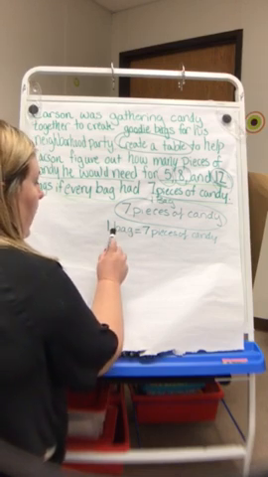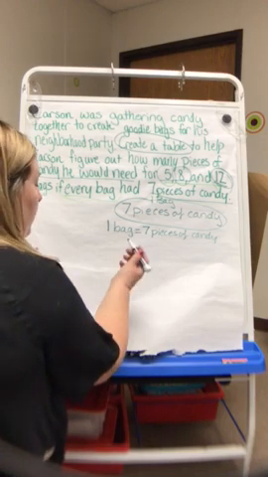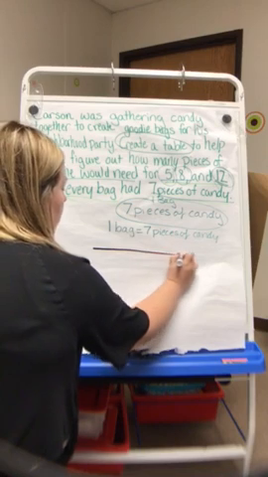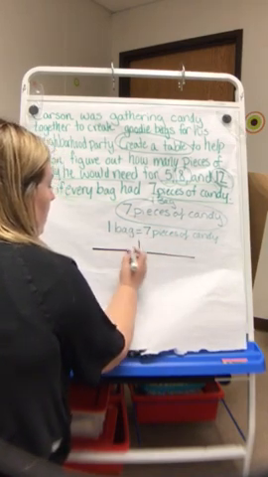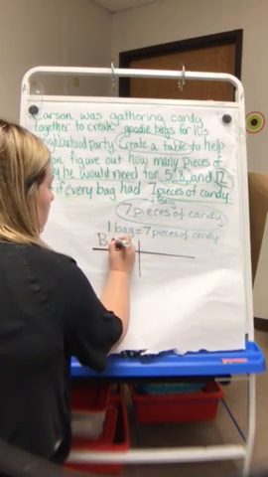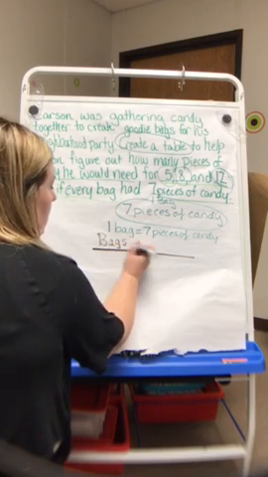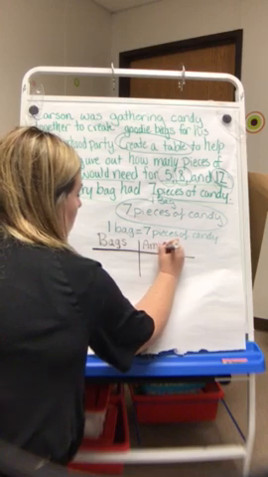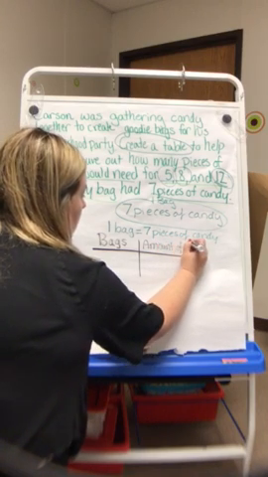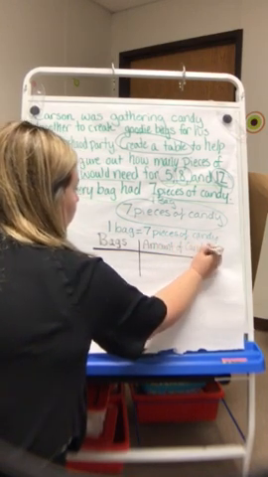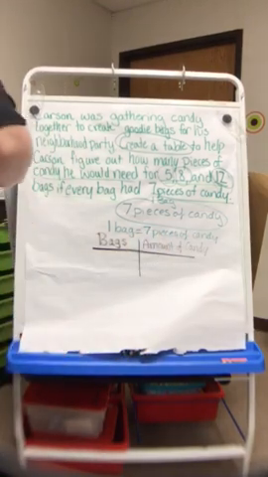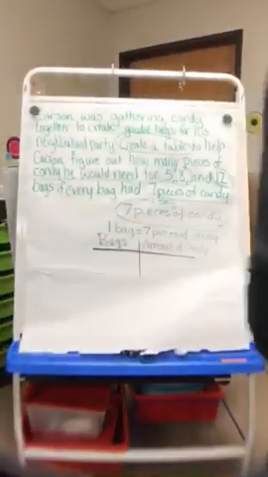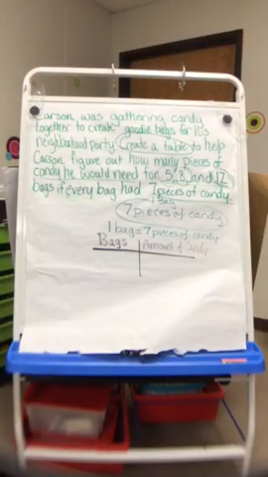So if I have 1 bag, so let me make a table. So over here I'm going to have my bags. Over here I'm going to have my amount of candy. Okay. So my highest number I'm going up to is 12. That's really important because my highest number I'm going up to is 12.